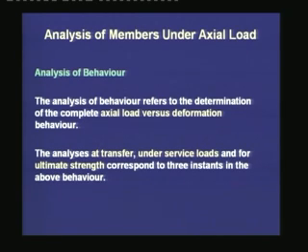The analysis at transfer, under service loads, and for ultimate strength corresponds to 3 instants in the above behavior. That means whatever we have studied till now, those are just 3 points in the complete load versus deformation behavior. The load versus deformation behavior is an entire curve which shows how the member will behave when we are gradually increasing the externally applied load.